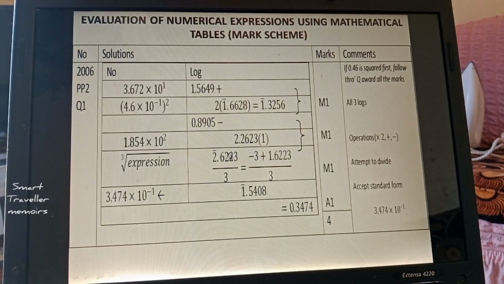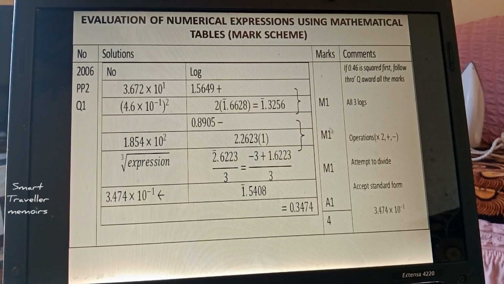So you divide the logarithm by 3, and what you get is bar 1.5408, and when you unlog, you get 3.474 times 10 raised to negative 1, and the answer is 0.3474. So the total mark you can see is 4.